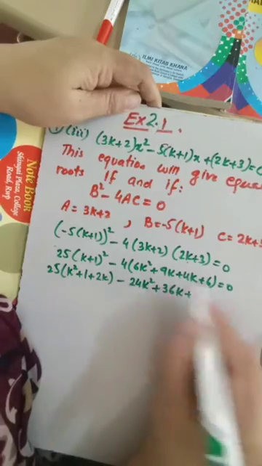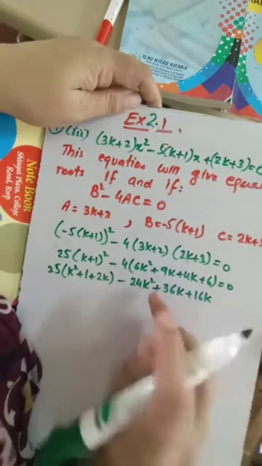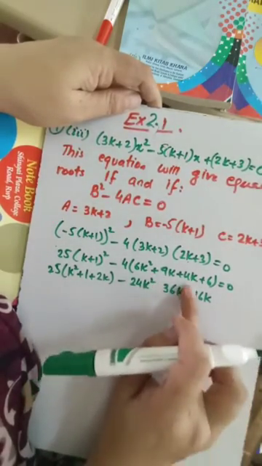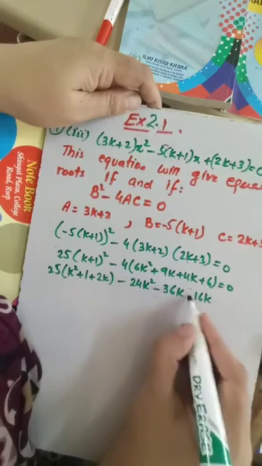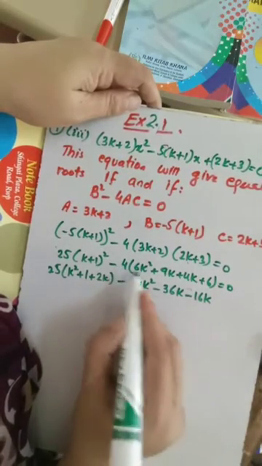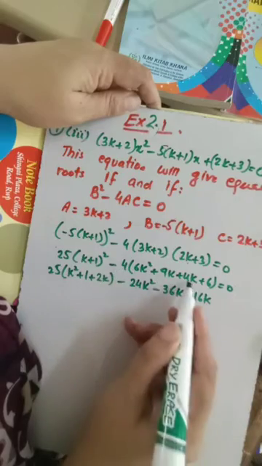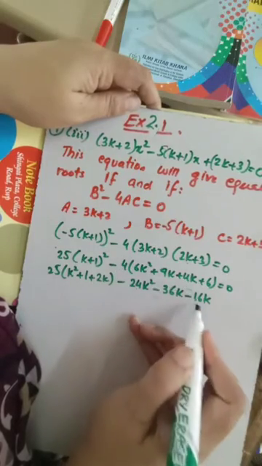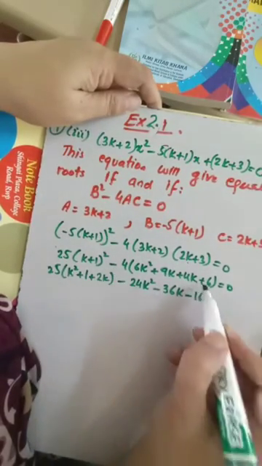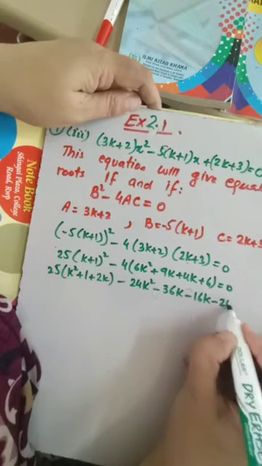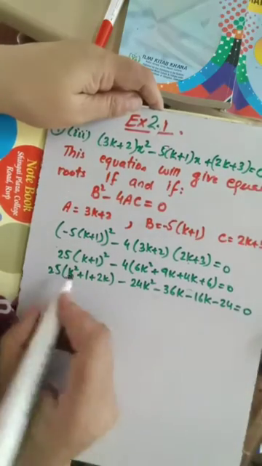We will have a minus over here because we have a negative sign outside the bracket. So this will be negative 24, negative 4 into 9k will be negative 36, negative 4 into positive 4k will be negative 16k, and negative 4 into plus 6 will be negative 24, equals to 0.